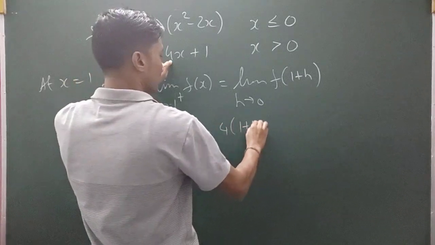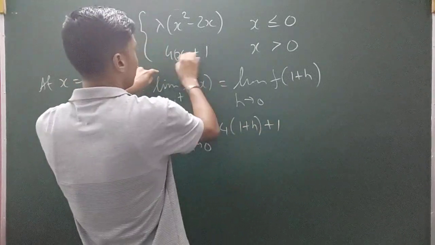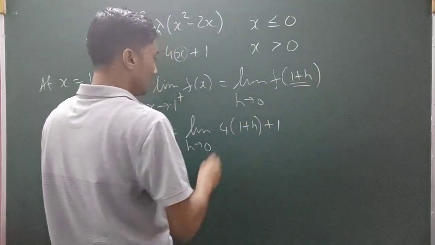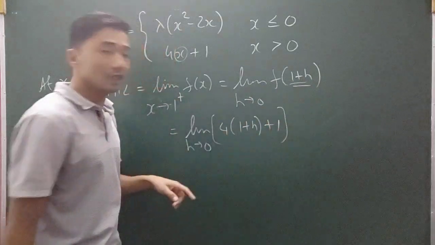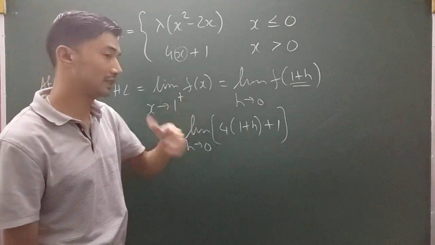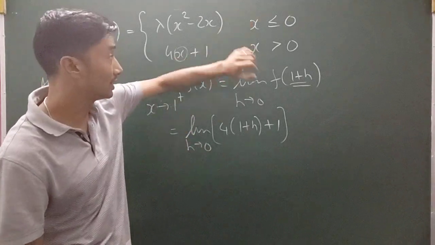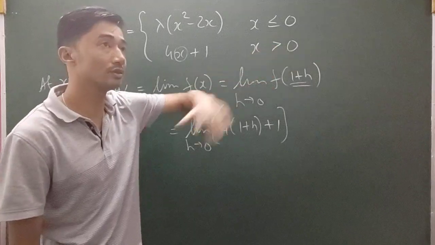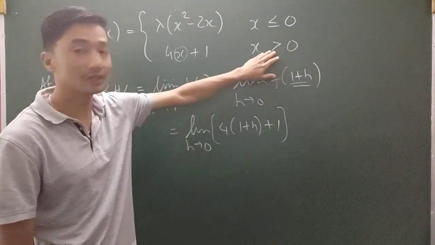So this will be the function: 4 into (1 + h) + 1, because the value of the function for x greater than 0 is this one. We're checking at 1, once again I'm repeating. So here 1 plus is greater than 1, and since it says greater than 0, greater than 1 is definitely greater than 0.